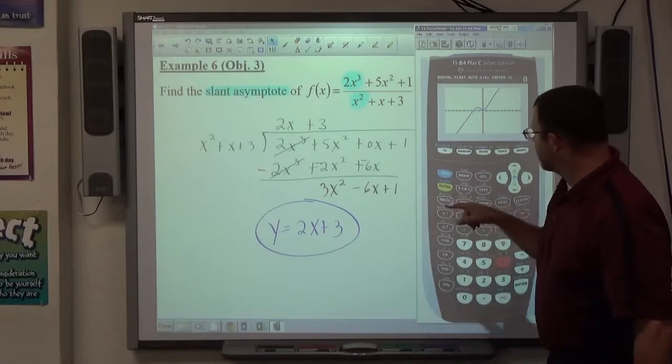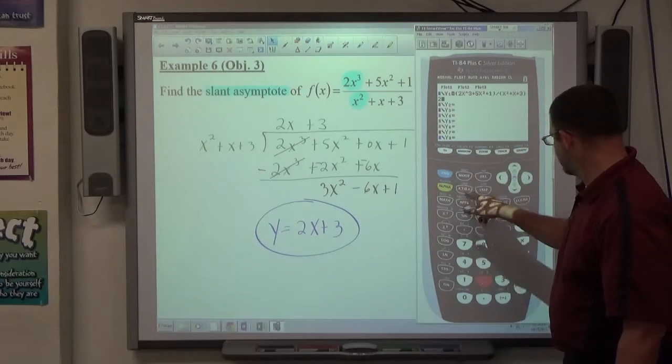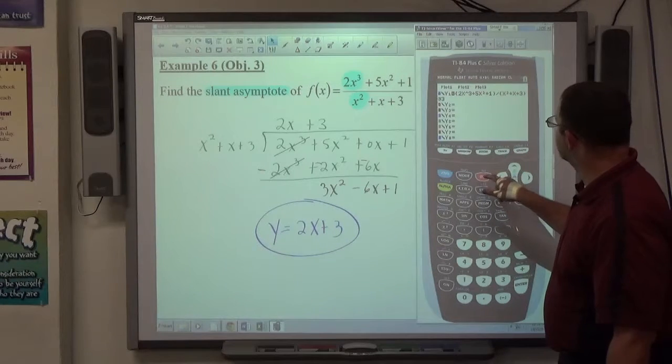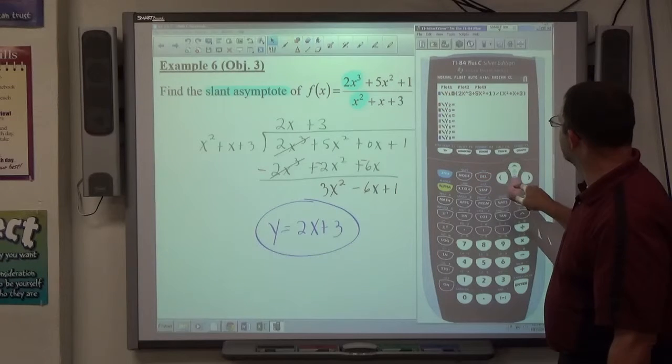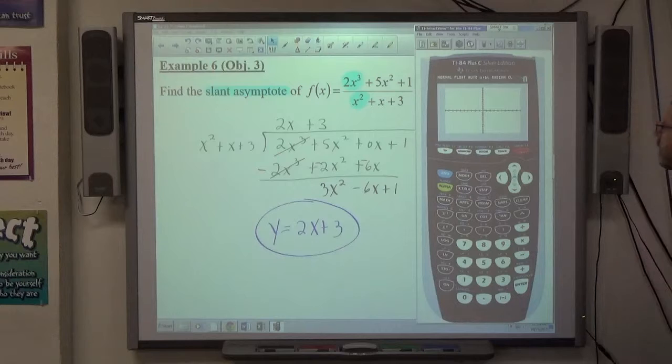Okay, if I type in y equals 2x plus 3, 2x plus 3. We'll see our graph happening here again. There's our original graph. It's kind of interesting around 0, then it gets pretty straight after that. And then we get y equals 2x plus 3, there it is.